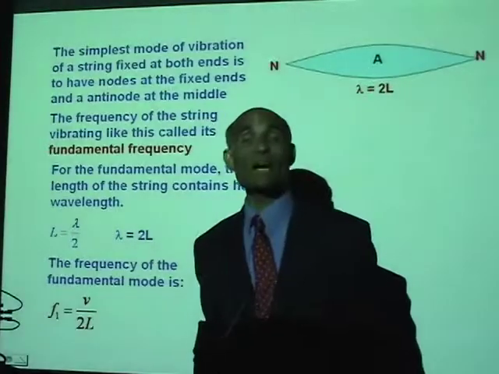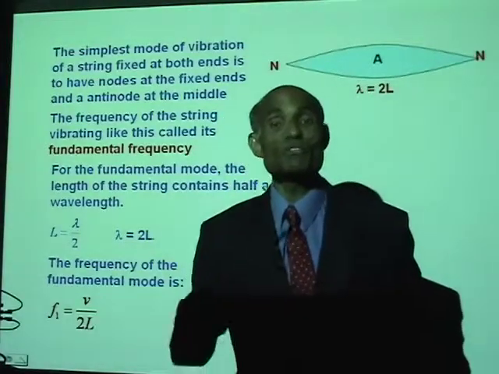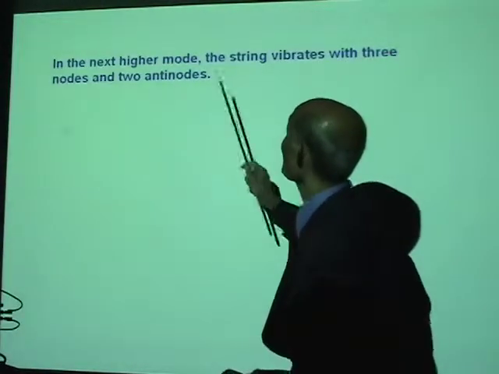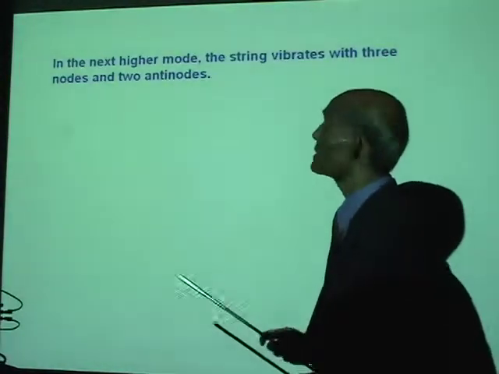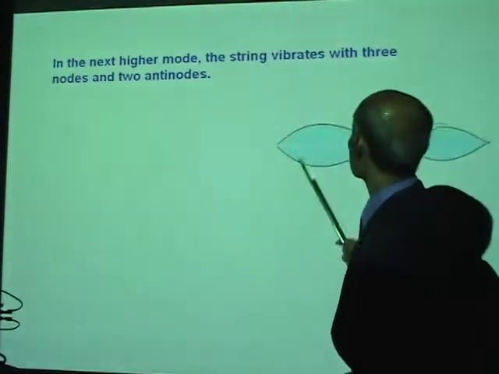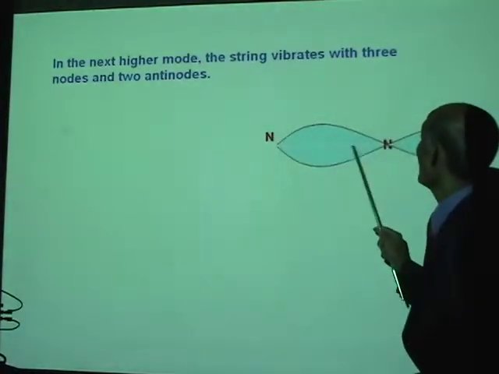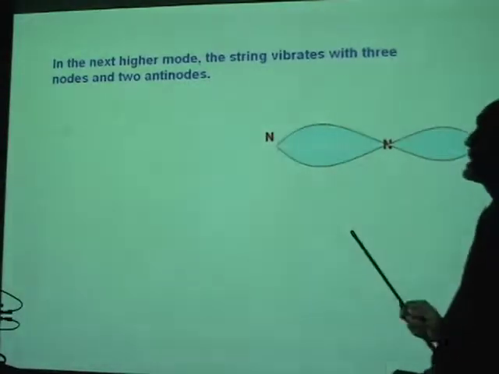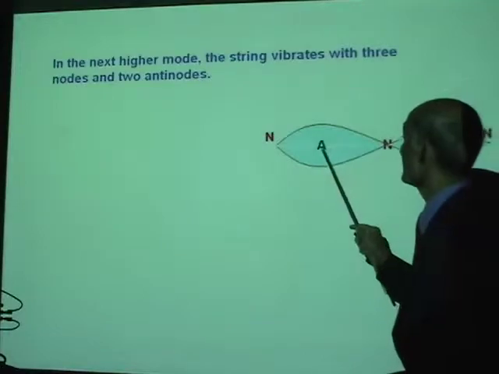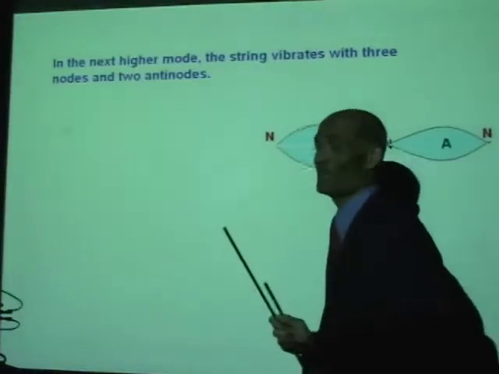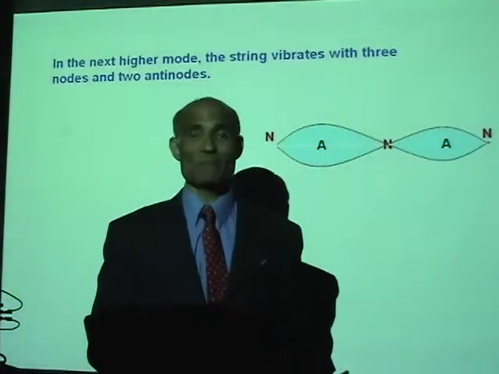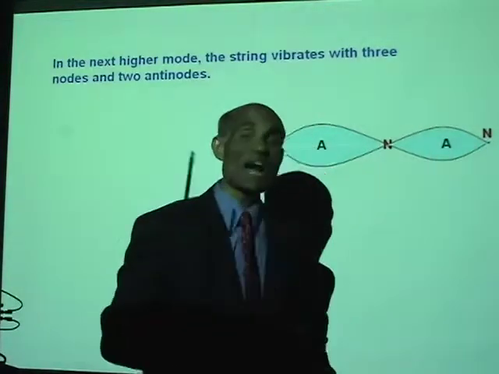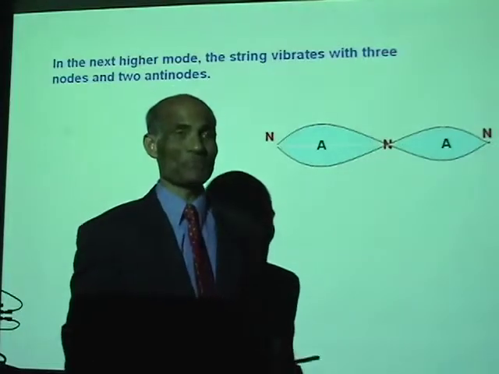Alright, let's now look at the frequencies of higher modes of vibration. In the next higher mode, the string vibrates with 3 nodes. A node here, a node there, and a node there. There are 3 nodes and how many antinodes? Antinode, antinode. Now, who can tell me what is the relation between the length of the string and the wavelength now?